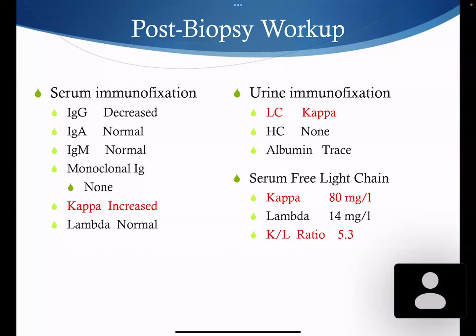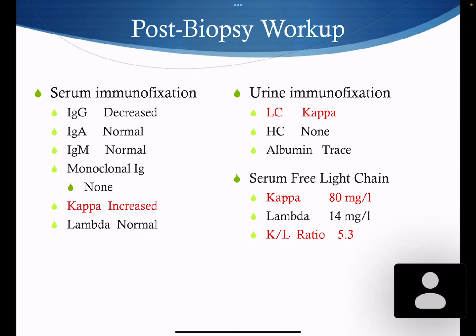So serum immune fixation was done, and it showed increased kappa, although there was no specific pattern for a monoclonal immunoglobulin, but the kappa light chain was increased.